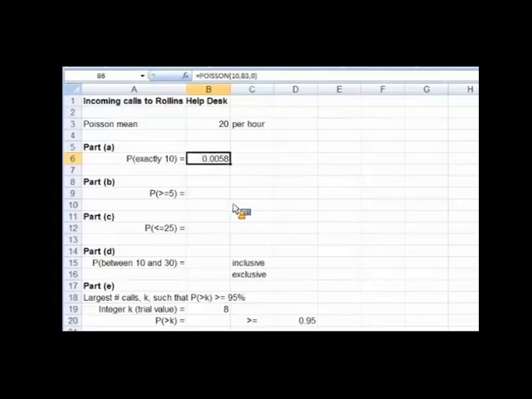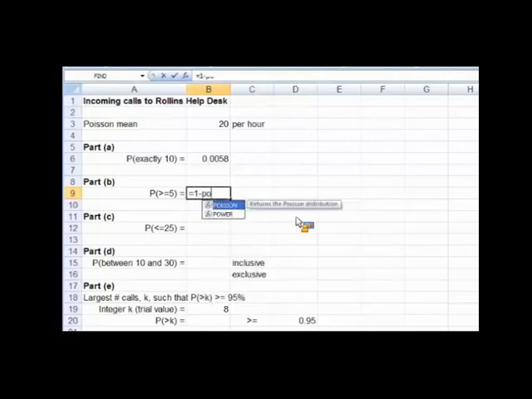What about the probability that 5 or more calls come in per hour, so greater than or equal to 5? Again, we've exercised manipulating these formulas quite a bit, so we should be pretty certain of what we need to do here. I want 5 or more, so I'm going to start out saying equals 1 minus Poisson of.